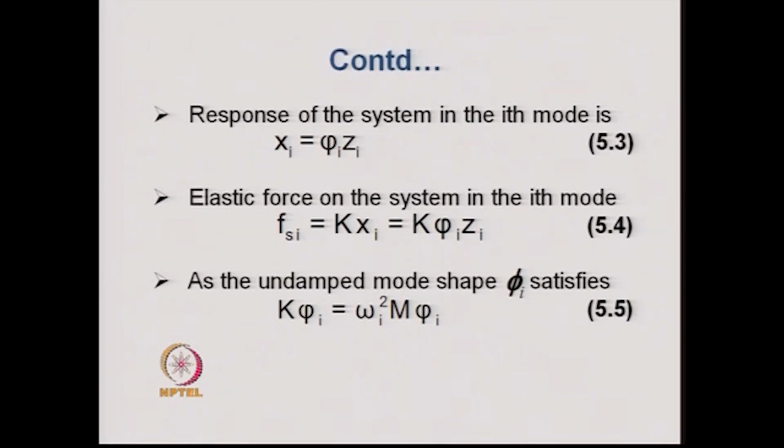Now, say if we wish to find out the maximum value of the force that is generated in the structure during its vibration in the ith mode, and we call it as F S I, then F S I can be obtained by simply multiplying the stiffness matrix of the structure with x I, that is the displacement that is taking place in the ith mode of vibration, and this can be written as k into phi I into z I, using equation 5.3.